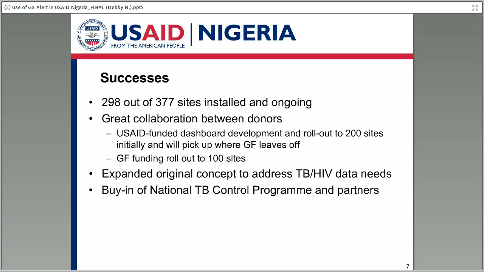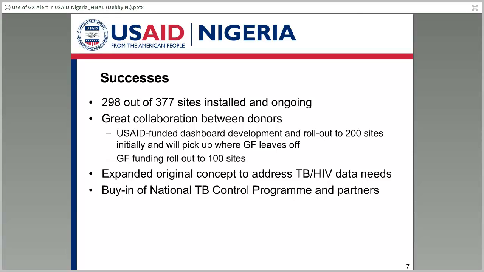And we basically paid for the infrastructure, the development of the dashboard, and rollout to 200 sites. And then subsequently, GS picked up from there, and they are now rolling out to an additional 100 sites. And once that is exhausted, USAID will continue from there. So it's been a really good donor collaboration with this activity.